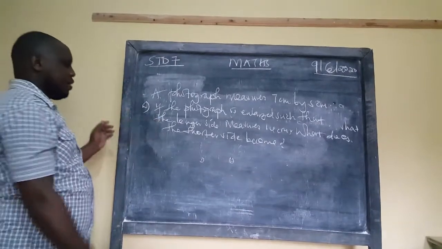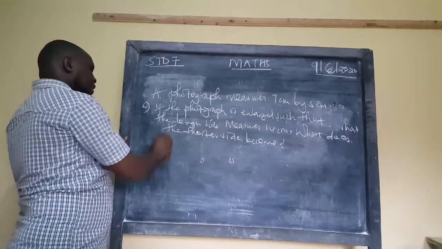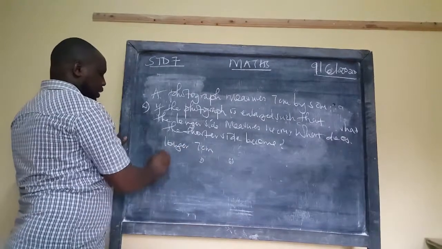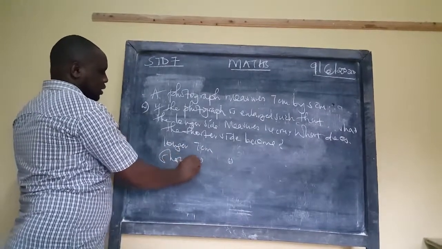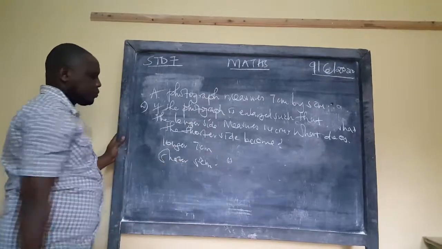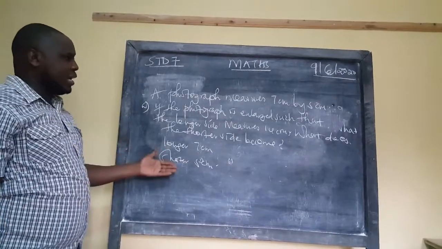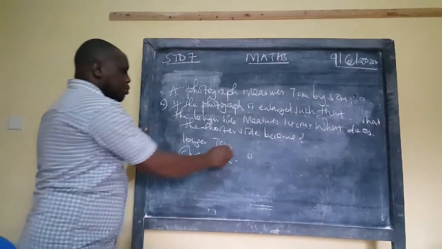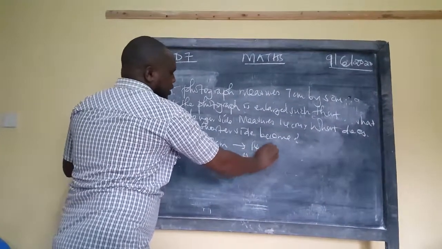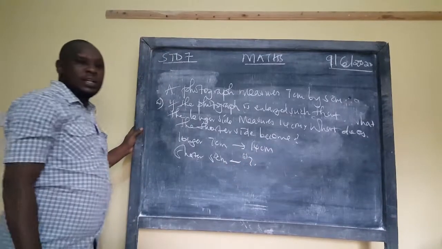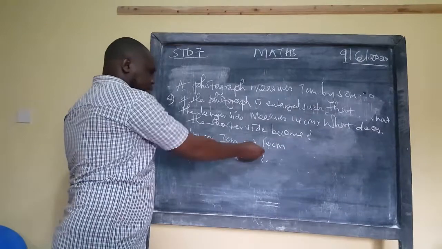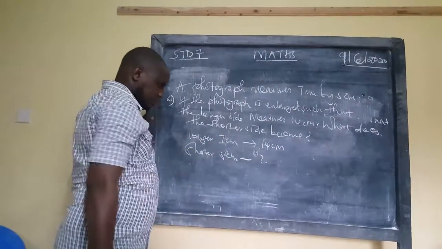The photograph measures 7 by 5. So the longer distance is 7 centimeters and the shorter distance is 5 centimeters. Now this is going to be enlarged so that the longer distance becomes 14 centimeters. What will be the shorter distance? It's direct. If 7 centimeters becomes 14, what about 5?